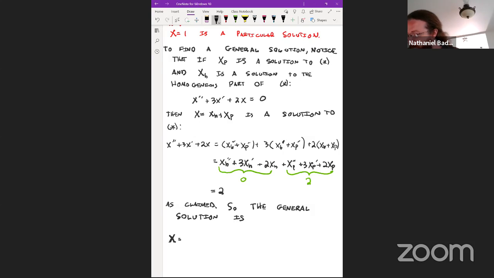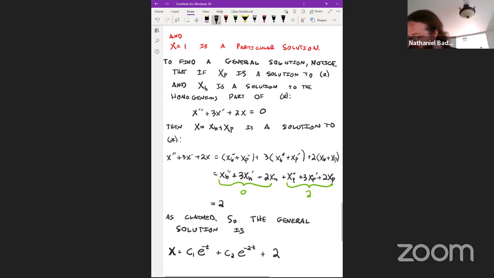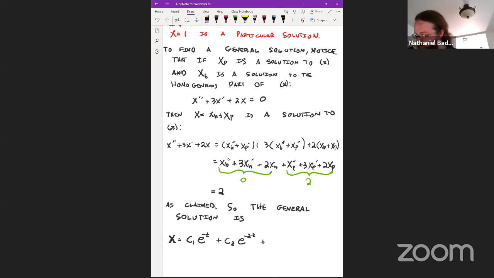So in this case, we just need to factor the characteristic polynomial r squared plus 3r plus 2 equals 0. Factoring that, we get r plus 1, r plus 2, so r is equal to minus 1 and minus 2. So x is c1 e to the minus t plus c2 e to the minus 2t, then plus the particular solution, which is, oh, it's not 2, it's 1.